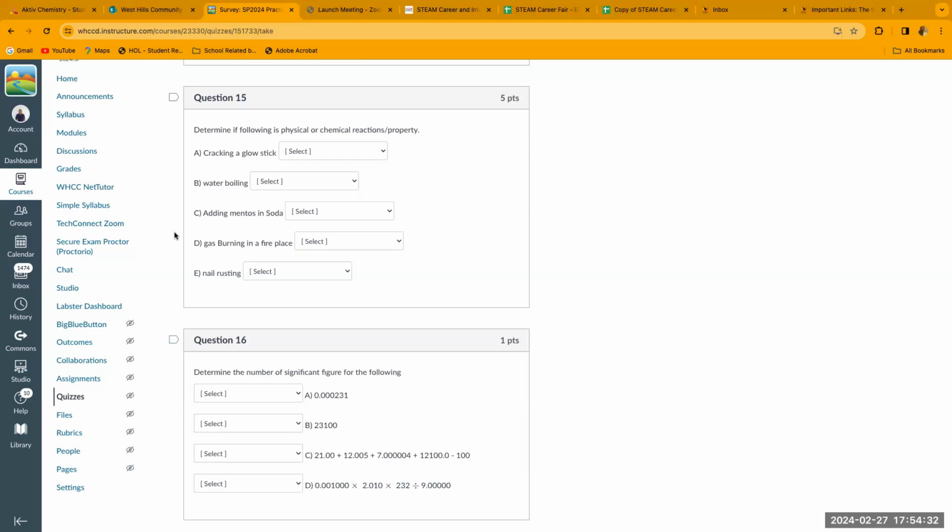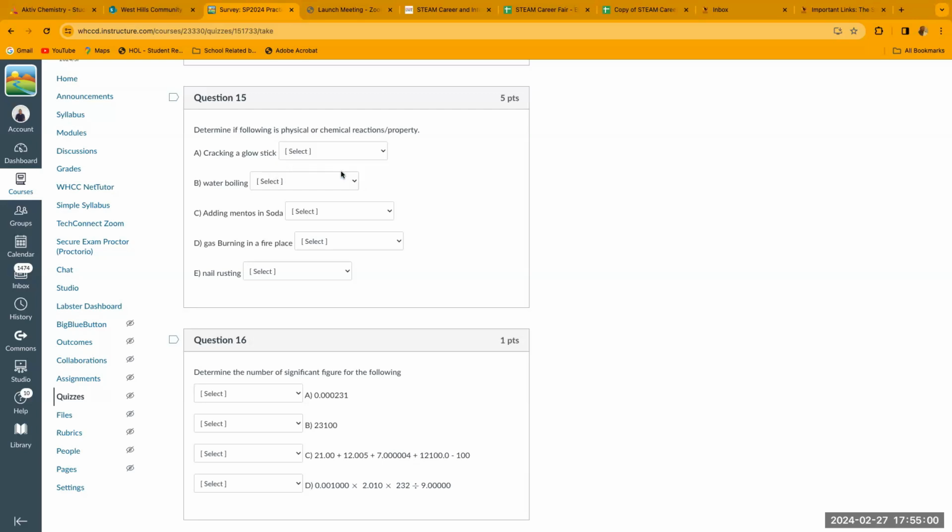Okay. Question number 15. Determine if the following is a physical or a chemical reaction/property. A, cracking a glow stick. Is it chemical or physical? Are you sure? A glow stick.